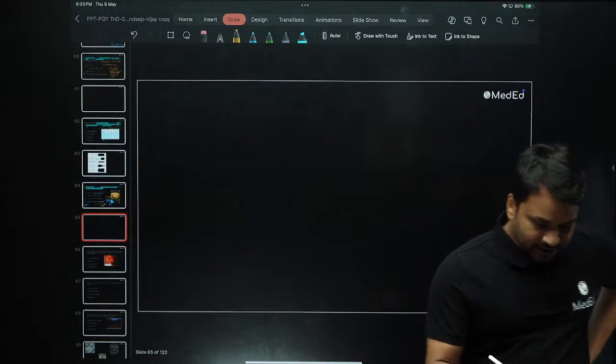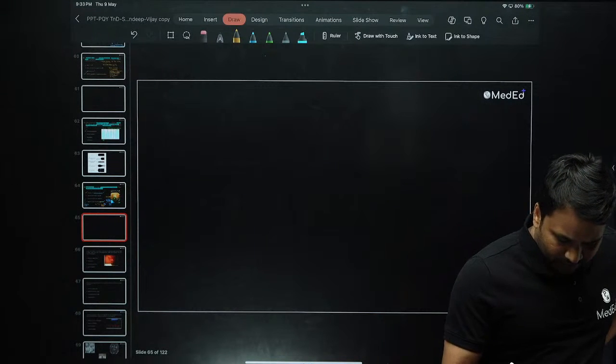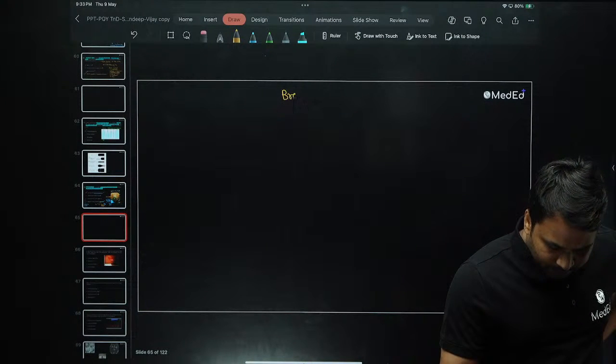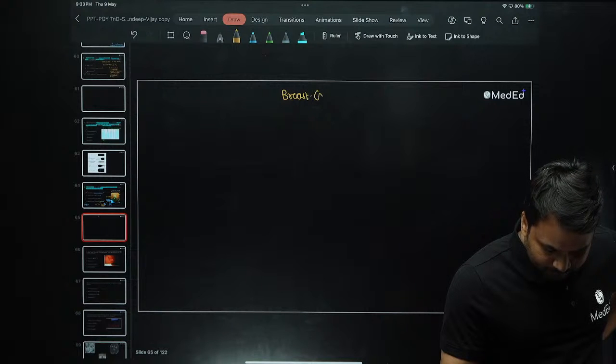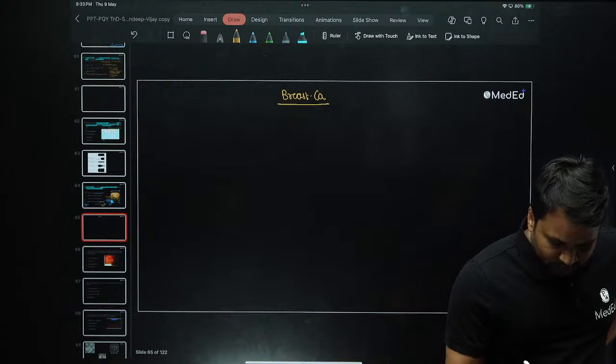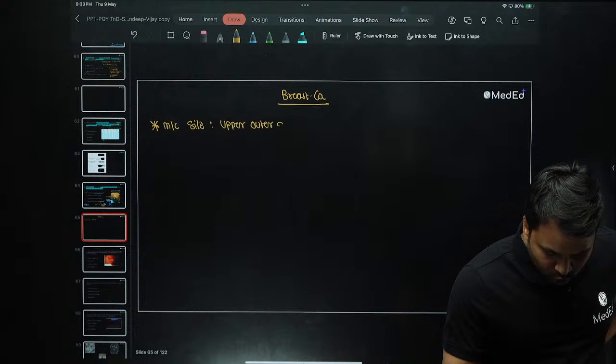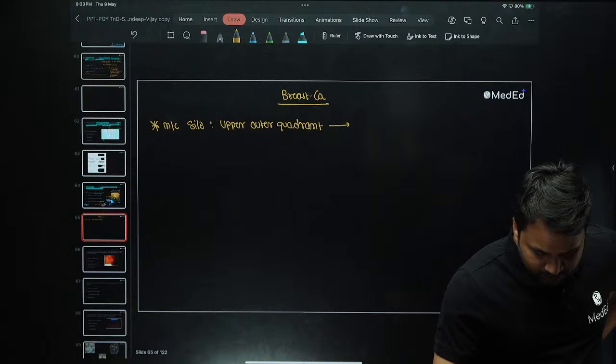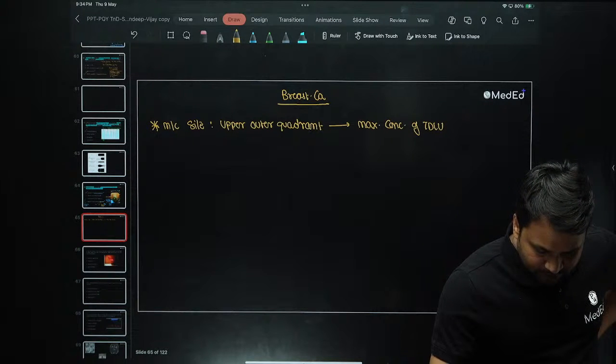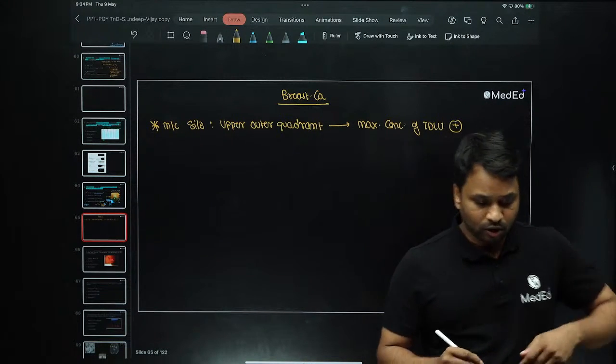If I say what are these changes that you can see in breast, quick important components in breast cancer. Remember, the most common site is going to be your upper outer quadrant. The reason why it is the most common site is because maximum concentration of TDLU is present. TDLU is the terminal ductal lobular unit.